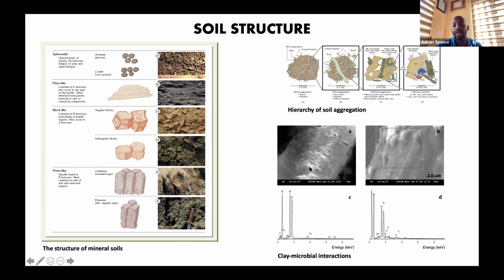And in these micrographs, we're just basically showing the interaction of a pure clay mineral with some microbial biomass. So here you can clearly see the stacking, but once you've had the microbial biomass generating what you call extrapolymeric substances, then that is no longer visible.